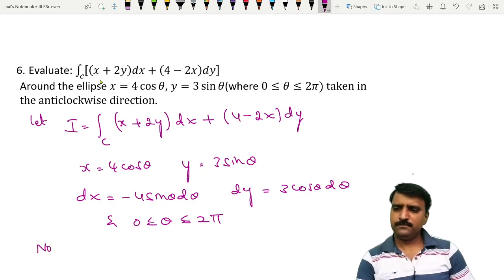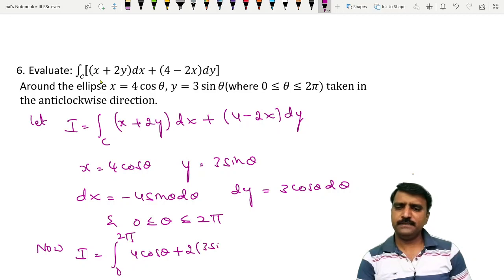So now I is equal to the integration from 0 to 2 pi of (4 cos theta plus 2 into y, y is 3 sin theta) into dx, the dx is minus 4 sin theta d theta.